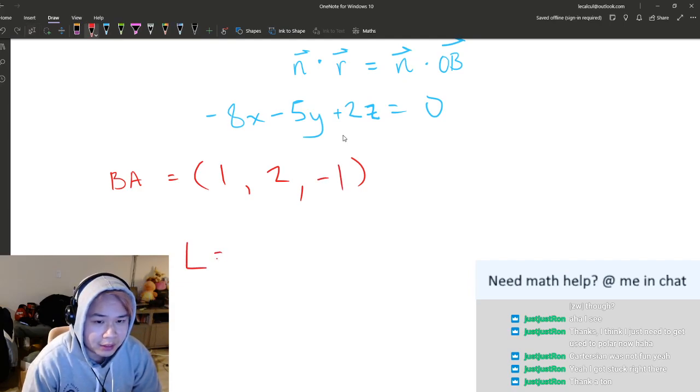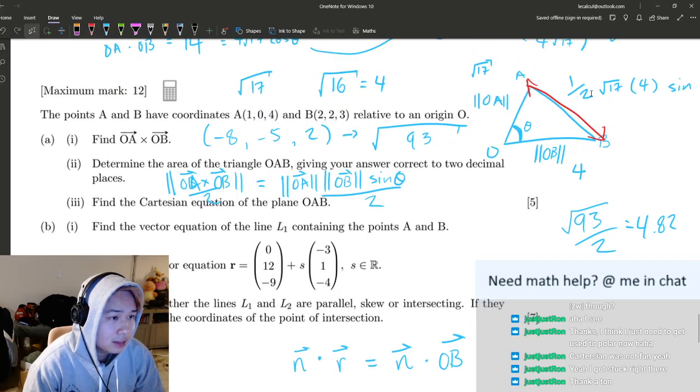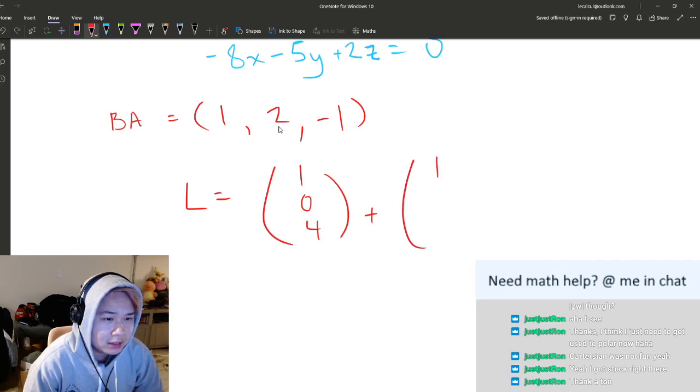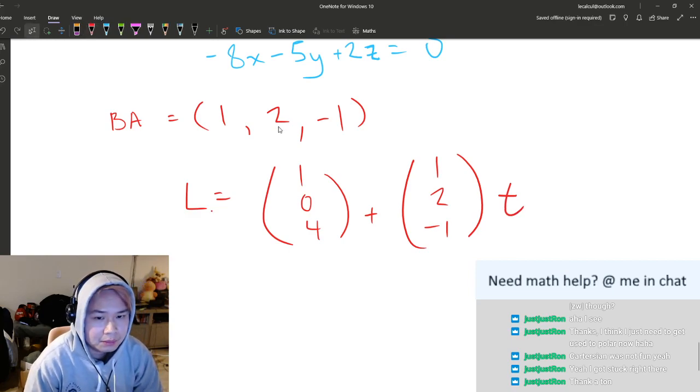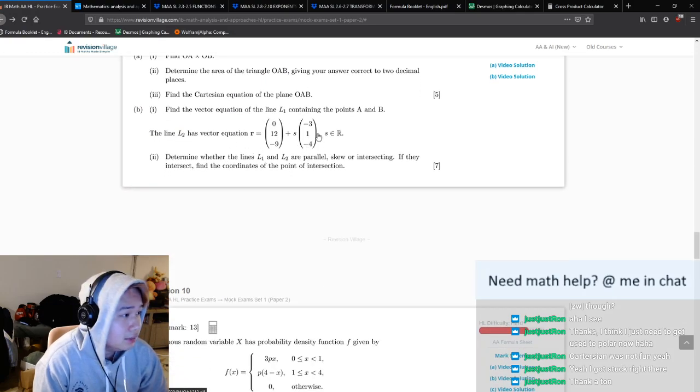So the equation of our line is some point on the line as the location vector. So it doesn't matter what we use, I'm going to use A, plus the direction vector times some parameter. So this is line 1. And then line 2 has this one.